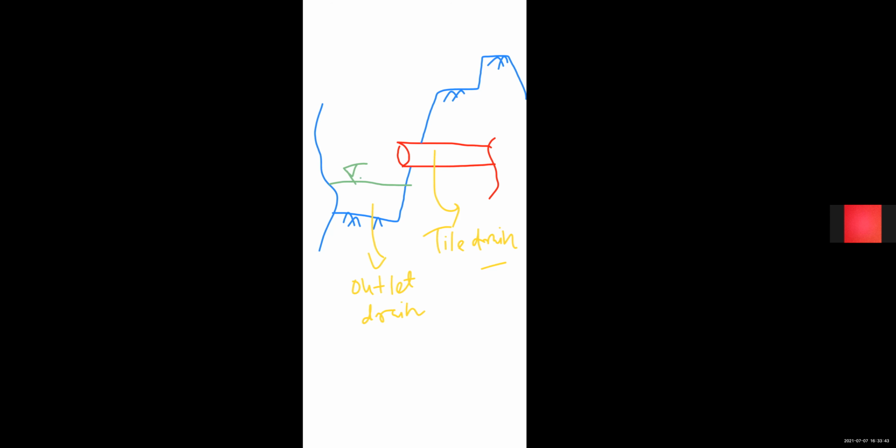So the water table level is here. This is the ground level. This is the surface layer, bottom layer, and here is the tile drain. So the fronate is formed in this way.